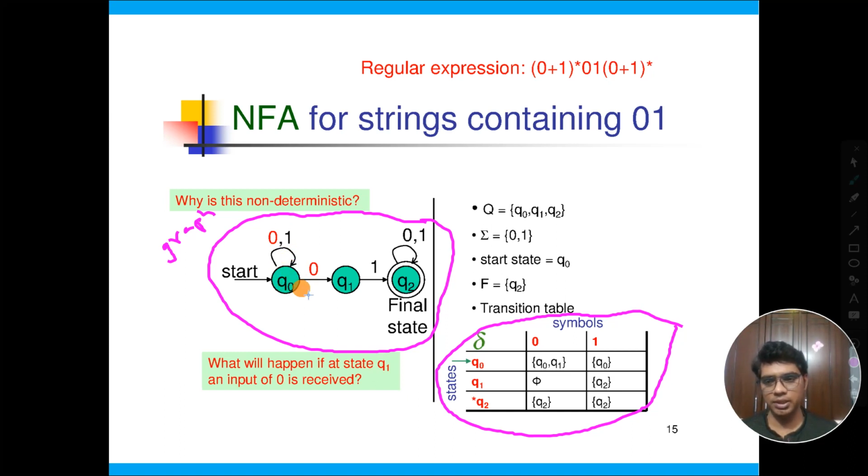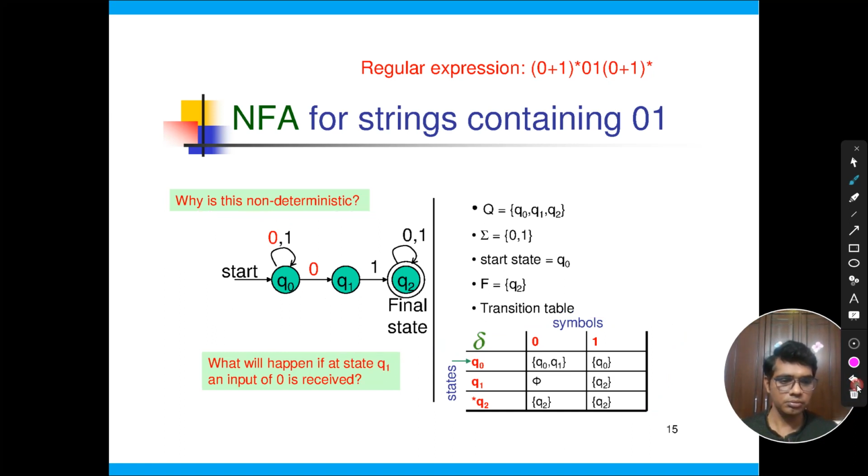Here, q0 on input 0 is going to q1. The edge represents the transition, and each edge should be labeled with the input symbols. This edge is labeled 0 comma 1 because for both inputs it is going to the same state.